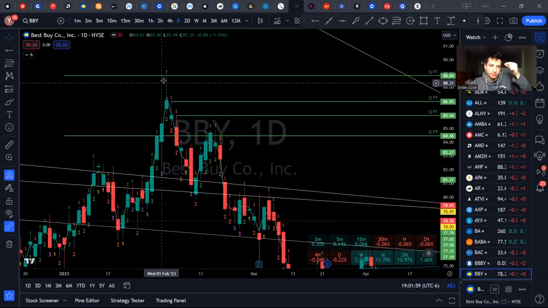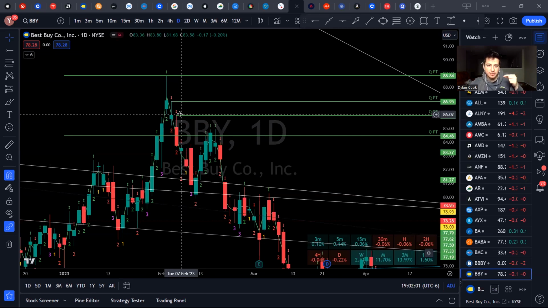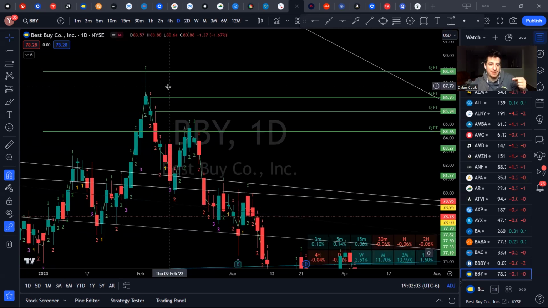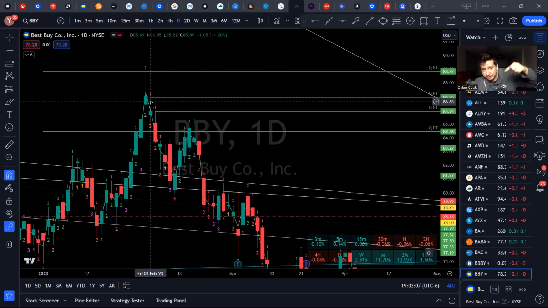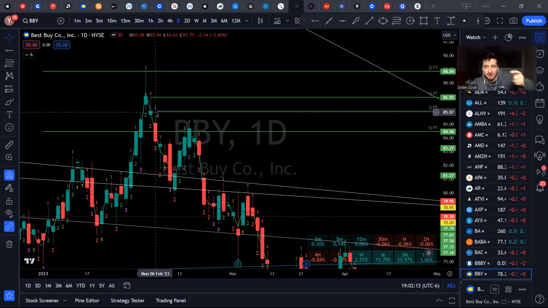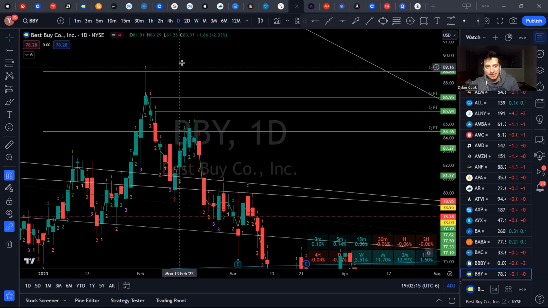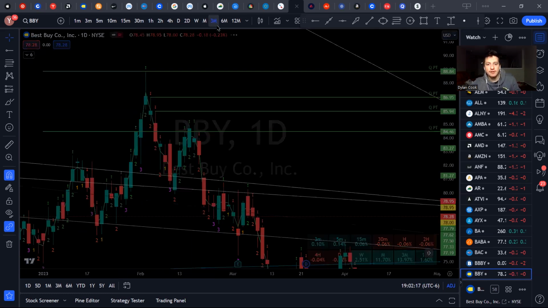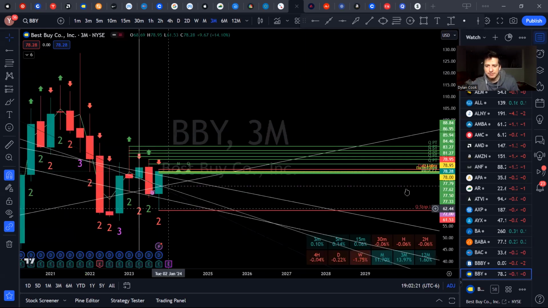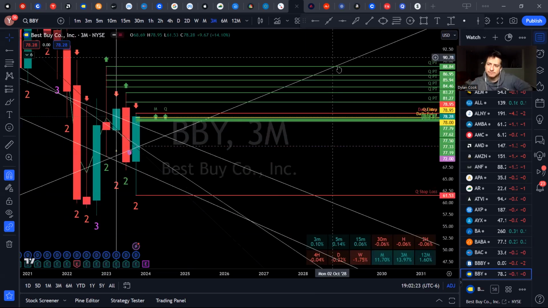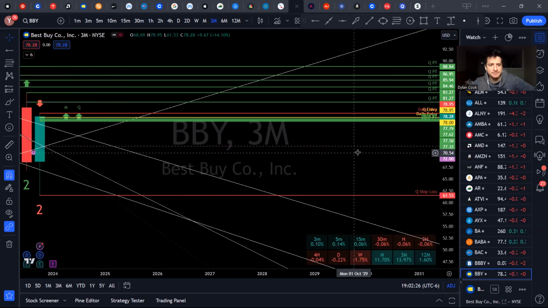So these are going to be very important areas when we get to them for that quarter. Because look at how when we hit here, we just started bleeding. When we come up and test those areas, there's going to be a fight here, and there's going to be a fight here, same way that there's going to be a fight here. Hopefully that makes sense. I believe it does.